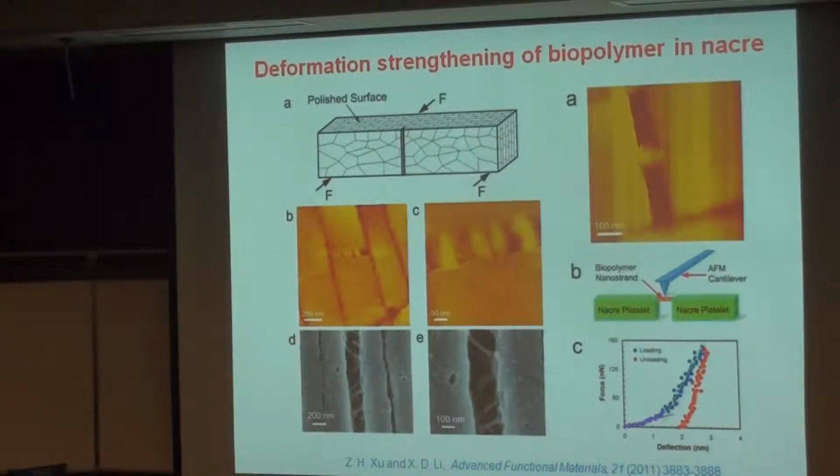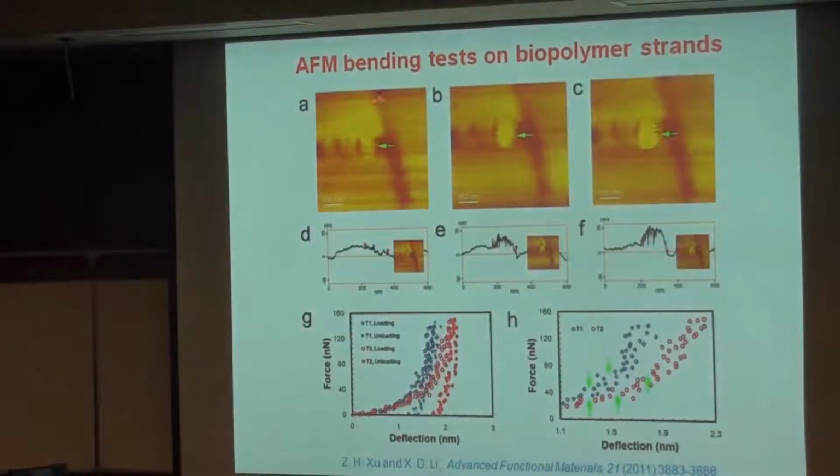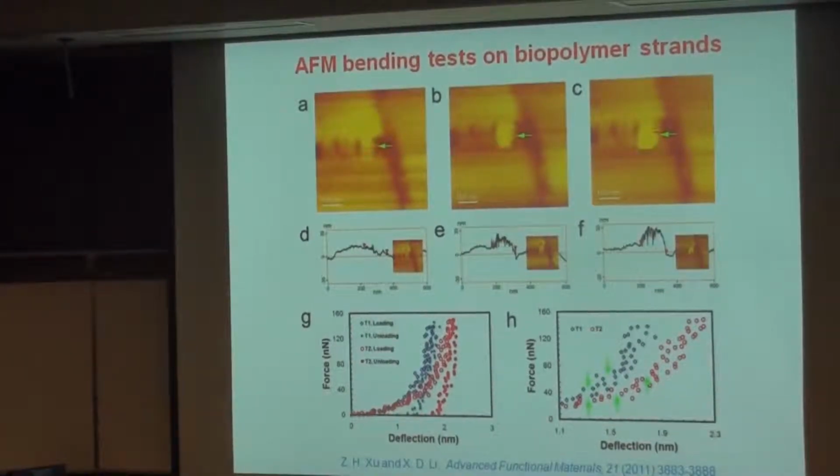can strengthen itself during deformation. So if you stretch a rubber band, you're supposed to see elastic deformation, and not that much plastic deformation if you want to see full recovery. Here, if you focus on just this polymer strand, you use AFM, perform 3-point bending, get this force deflection curve, and then you bend the same polymer strand, get the second curve, the third curve.